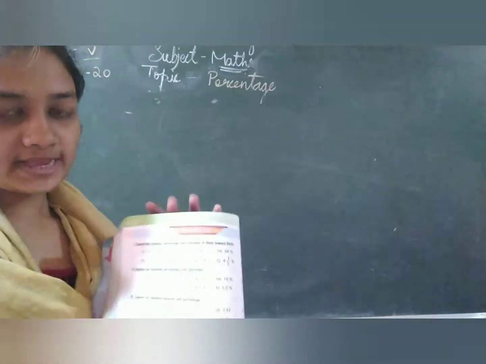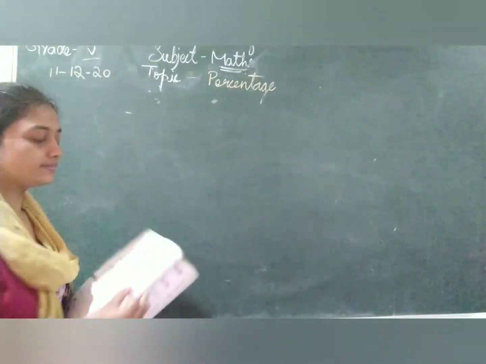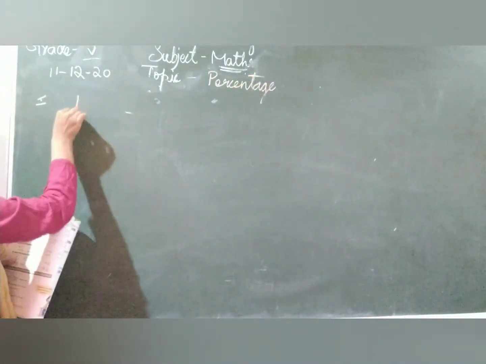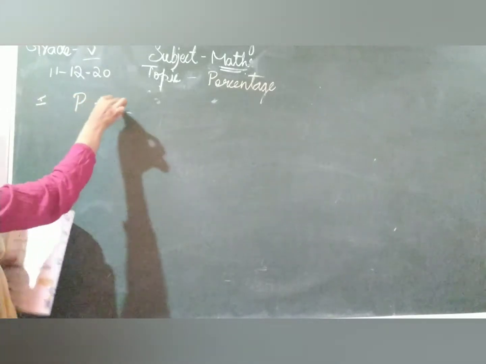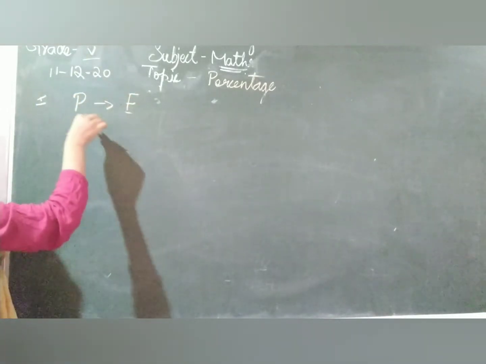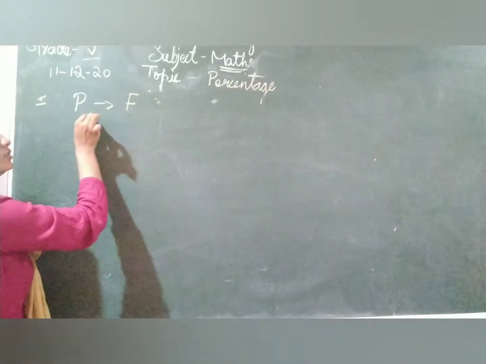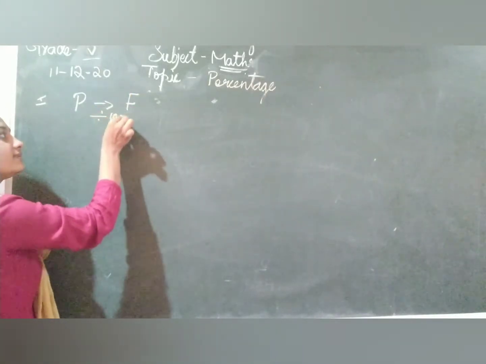All of you take your textbook, page number 104, exercise 6.2. Now let's start doing. The first one is to convert percentage to fraction. When you are converting from percentage to fraction, what should you do? You should divide by 100.